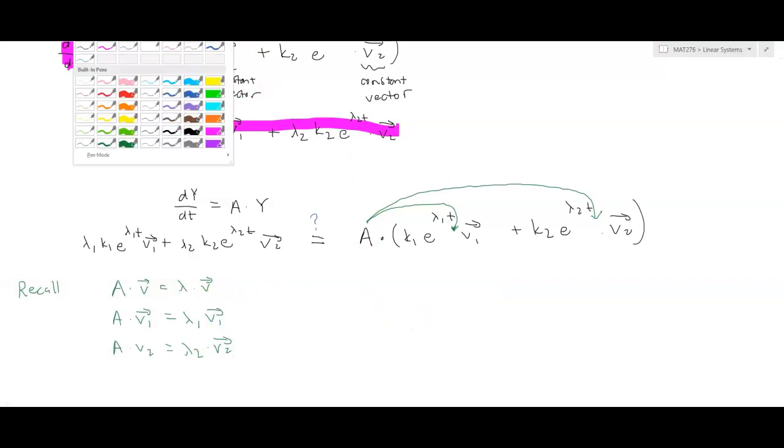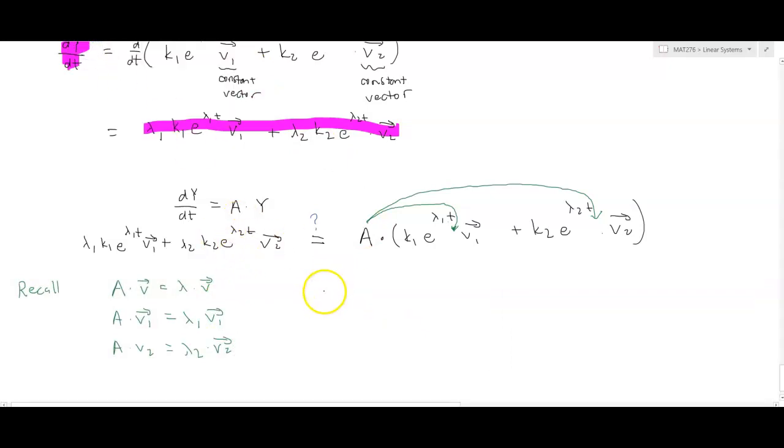Let me just go ahead and expand that right-hand side and show that it ends up being equal to the left-hand side. If I distribute that, I'll have k1 e to the lambda 1 t times A times v1 plus k2 e to the lambda 2 t times A times v2.